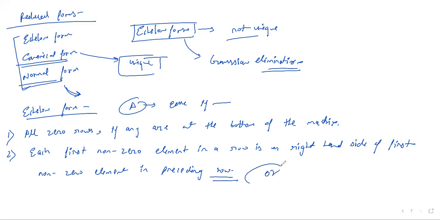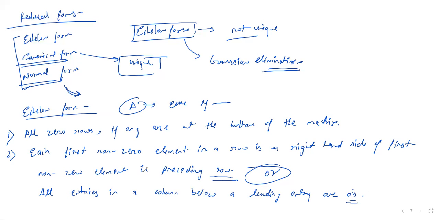Or you can also say that all entries in a column below a leading entry are zeros.